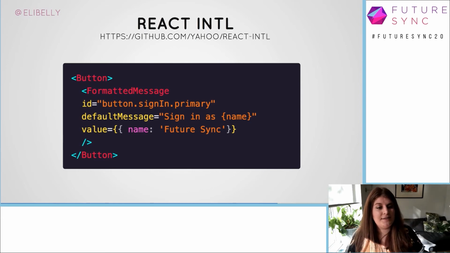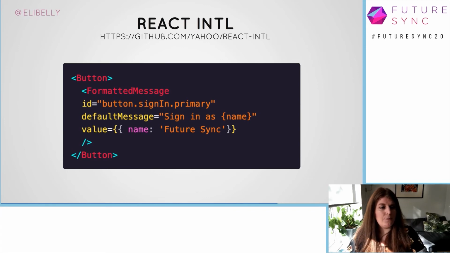And then you can pass it a value if your resource file has a template that you need to fill in. So for example, let's say this is a button, sign in as name, and then you can pass in the name dynamically. And this will just change once you change the resource file. So it makes it really flexible for you to translate your site.